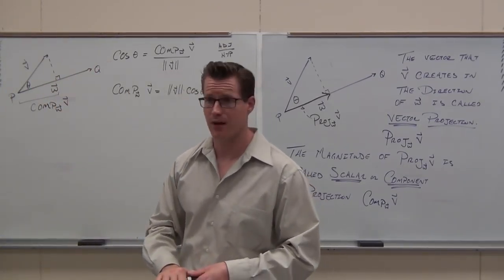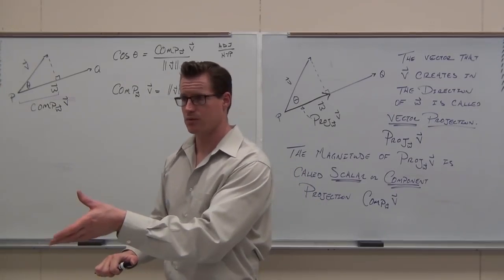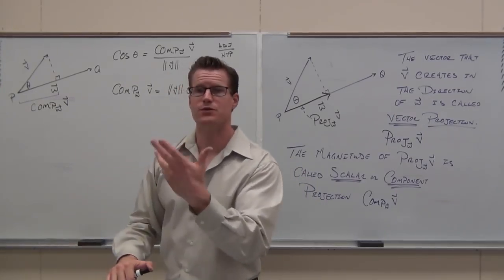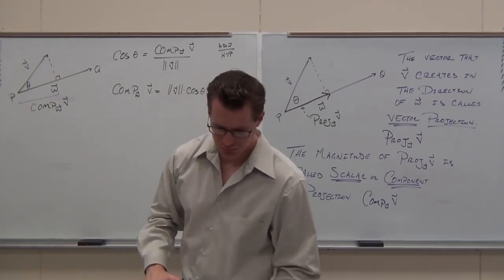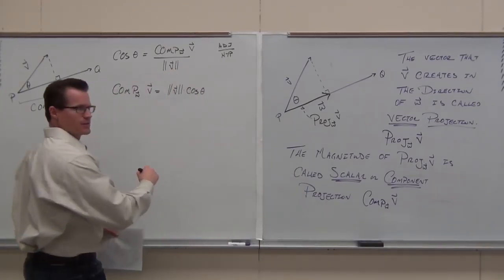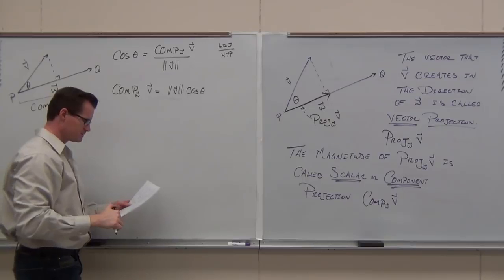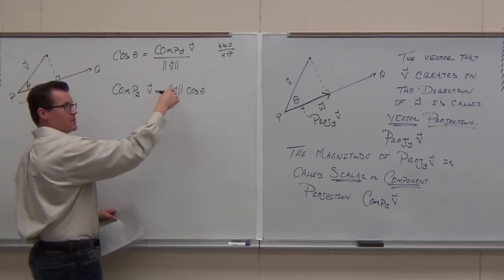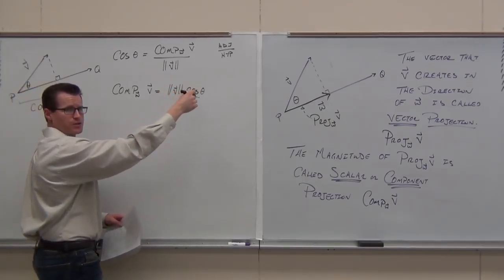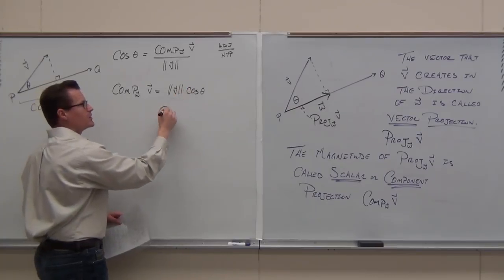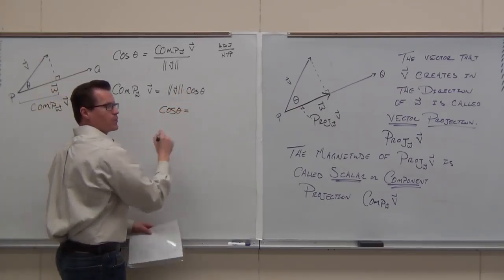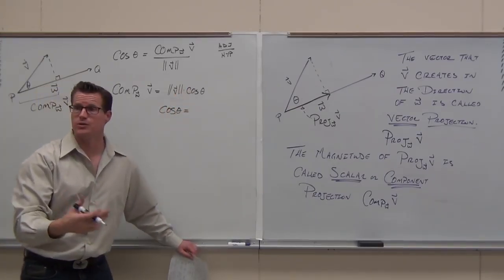Now, this also says something, though. It says, in order to find this, you have to know the angle between the vectors. What if you don't? Well, this is number one, okay? I'll write it later too. But this is going to be if you know the angle between these two vectors. If you don't, well, we know how to find the angle between these two vectors.